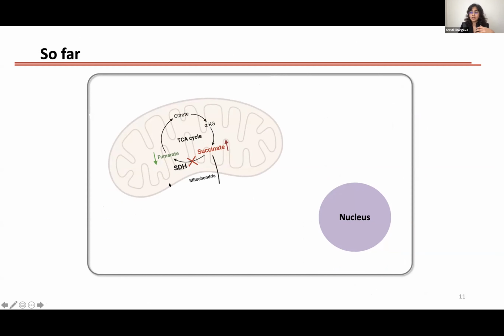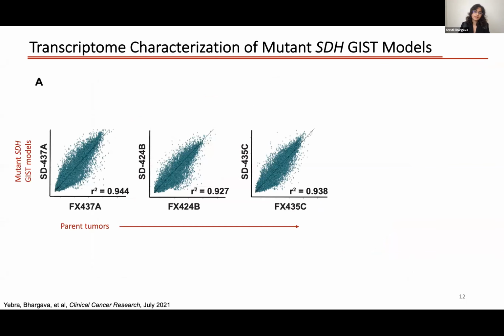So what are the other things changing inside the cell that can then drive the progression of these SDH-deficient tumors? We know from the literature that higher levels of succinate can cause various other malfunctions. One of the essential organelles in the cell that will be affected by this increased succinate is the nucleus. We'll see in future slides how it is affected.